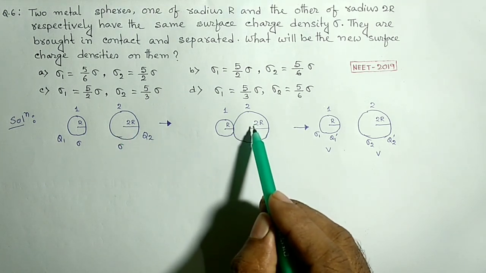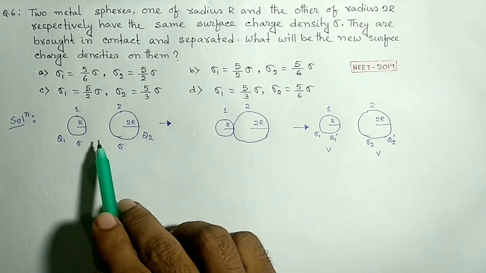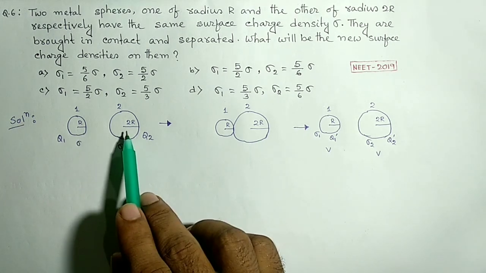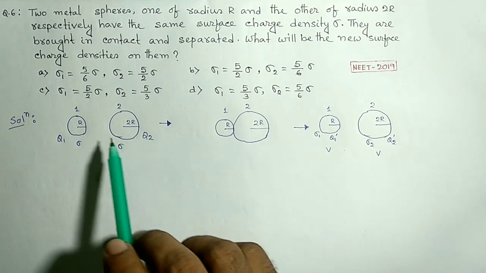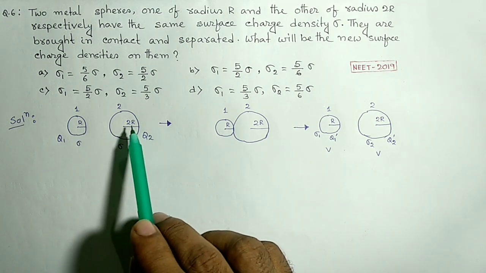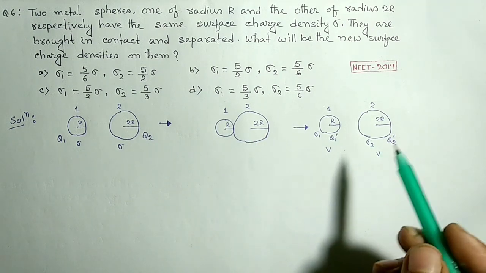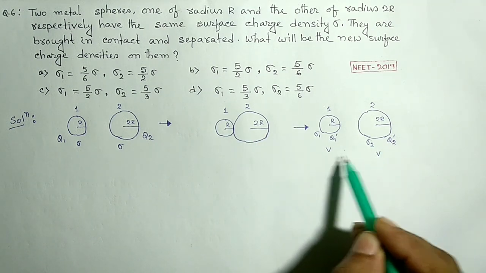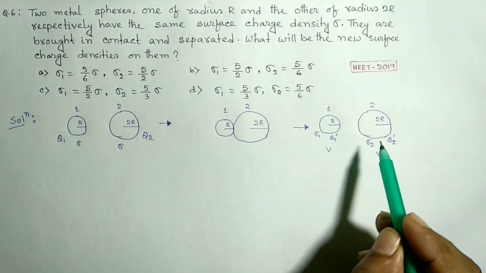Now they are brought in contact and then separated. When we contact the two spheres, the charge will be redistributed until they reach the same potential. So this is the same potential V and V when we separate them.